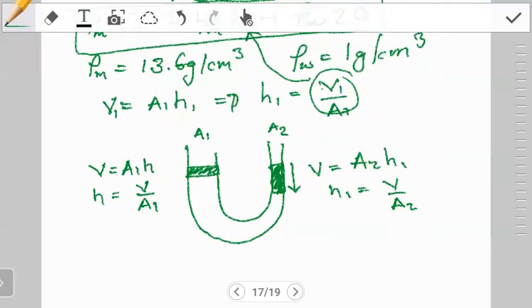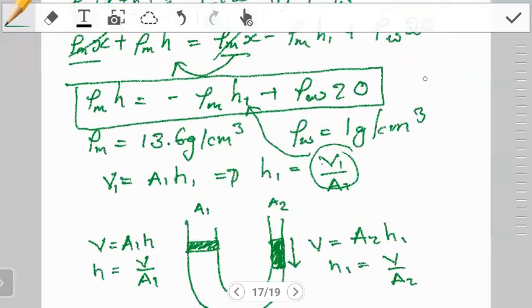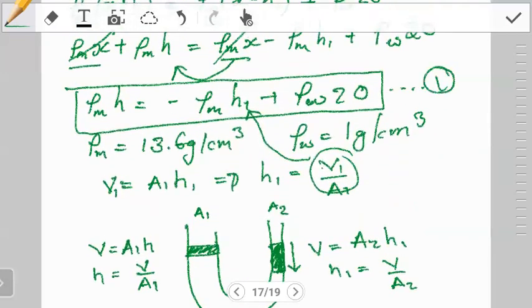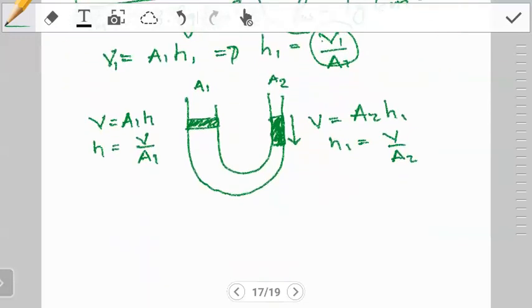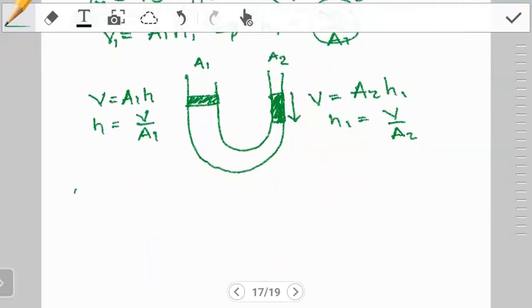So when you perform our substitution into our equation, let's say this is our equation 1. So you see that now what we have is rho mercury, and then where we had H, we're going to substitute this. So this becomes V over A1 equal to rho mercury, and then we have V over A2 plus, okay, so this term is negative.